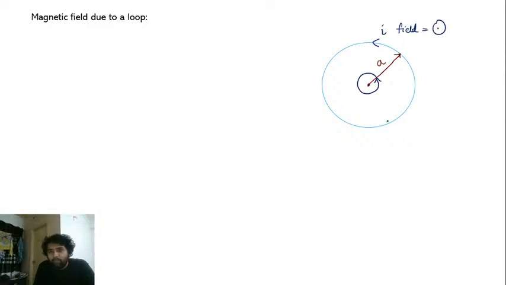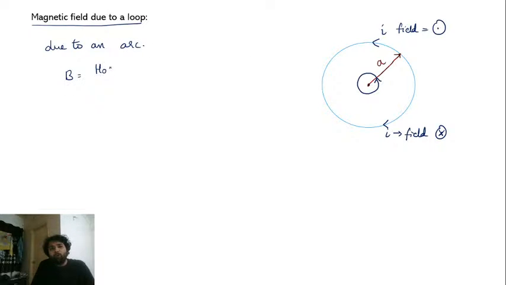If the current is moving in clockwise direction, then field will be inward. So this is the main concept you have to remember. Current is anti-clockwise, field is outward. Current is clockwise, field is inward. And one more thing we know, due to an arc, field will be equal to mu naught I by 4 pi a into theta, right?